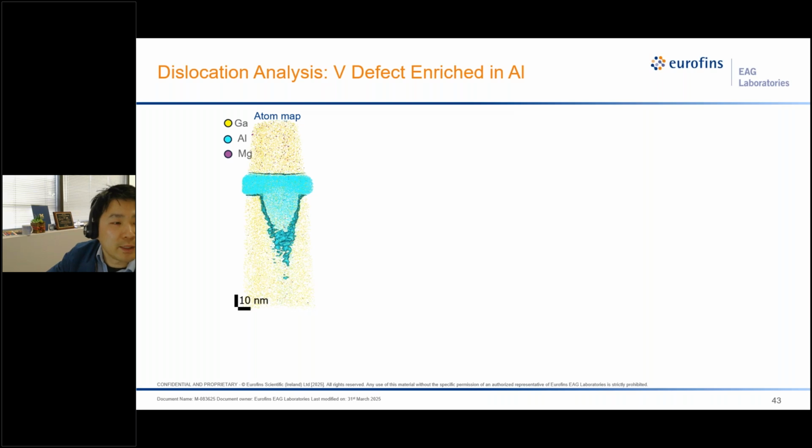The exact mechanism of the formation is unclear, but our speculation is the V defect already exists on the substrate, and after the epitaxial growth of the AlGaN, it somehow managed to have a flat interface on the top, and the growth continues in the vertical direction.